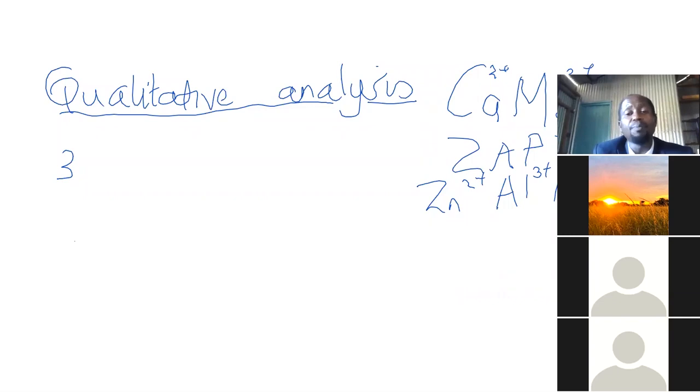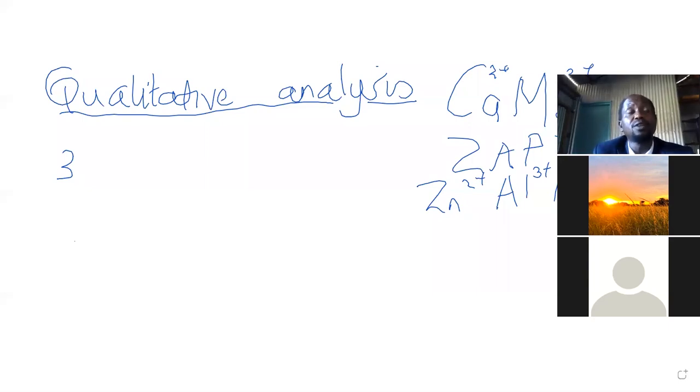No white precipitate would mean CAM and ZAP absent. You must mention the 5: calcium ions, magnesium ions, zinc ions, aluminium ions, and lead-2 ions absent if there is no white precipitate.